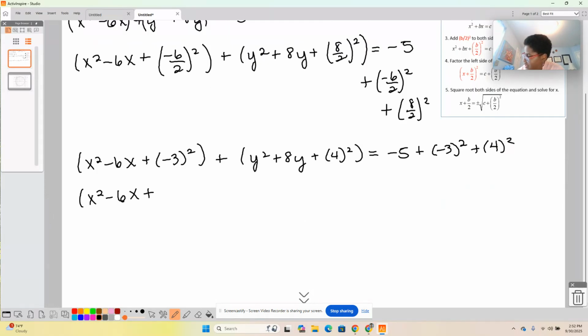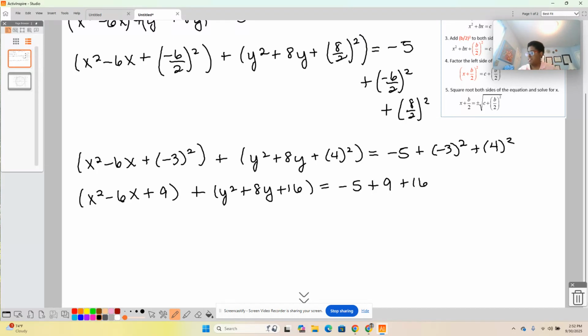Negative 3 squared is 9. 4 squared is 16. Same thing on the right side. Negative 3 squared is 9. 4 squared is 16.